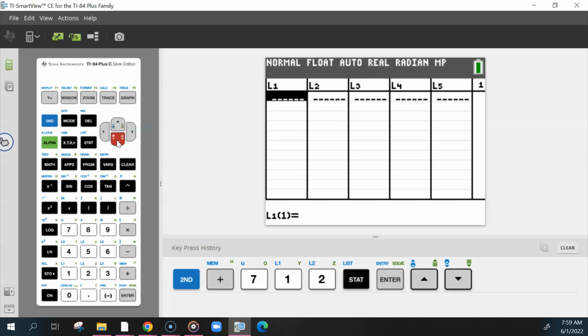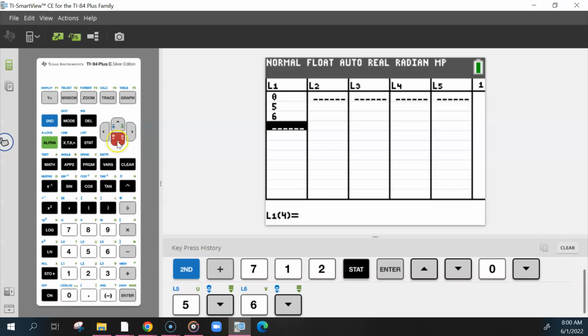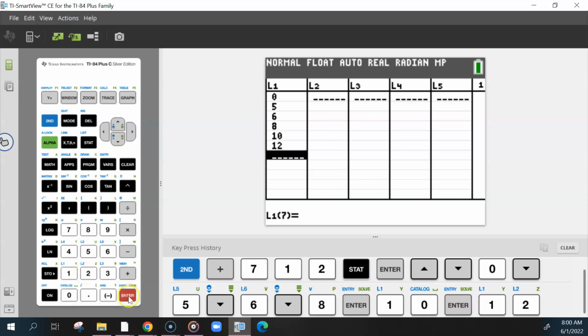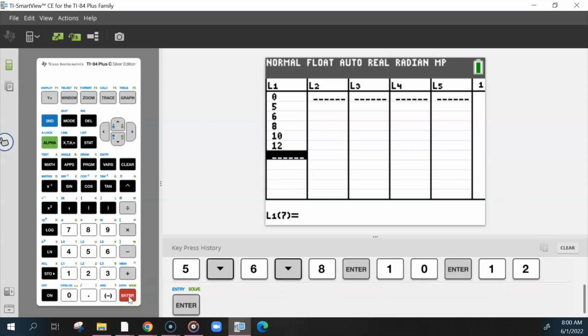So in L1, you're going to put in the 0, 5, 6, all of those numbers. And in L2, you'll put in the amounts of marriage licenses.